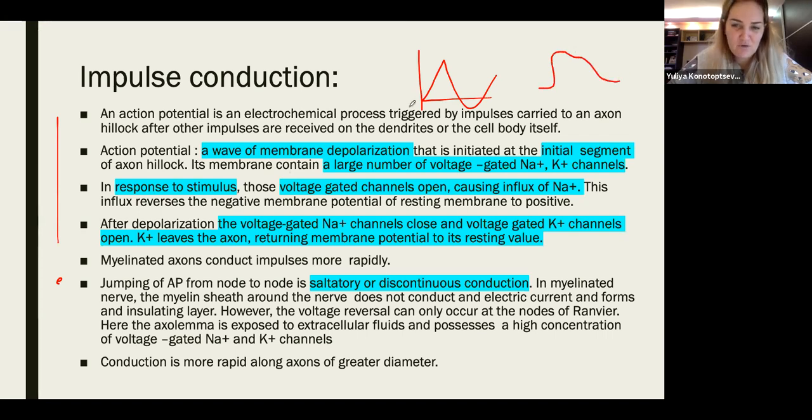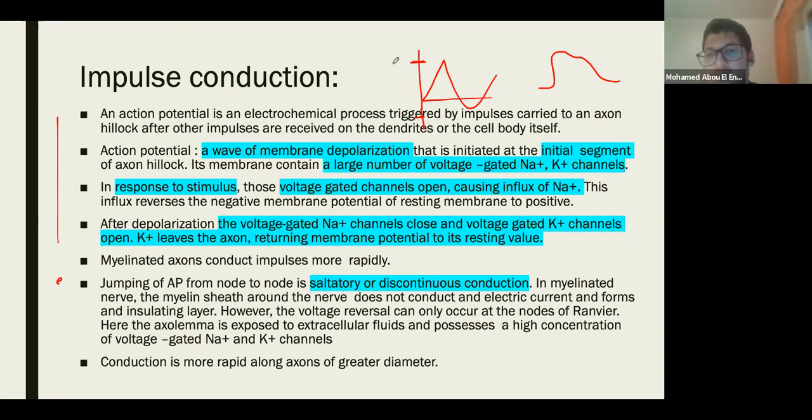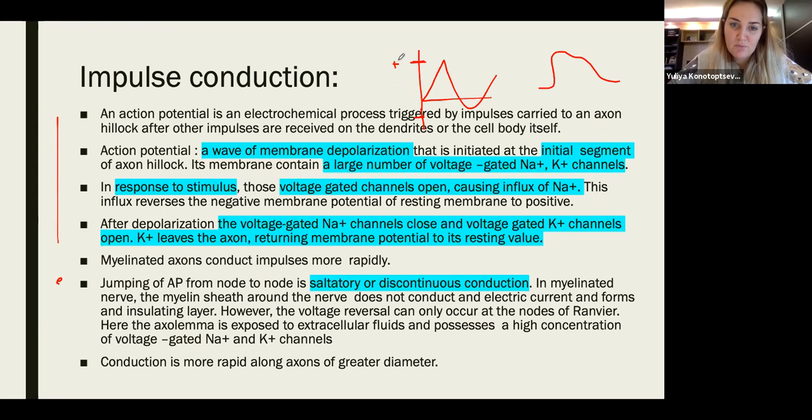So in the neuron, it's a bit different. Could you tell me the most positive voltage and the most negative voltage of a plasma membrane in a neuron? Plus 30 and minus 70. Perfect. Okay, it's going to be plus 30 millivolt right here, and minus 70. Good.